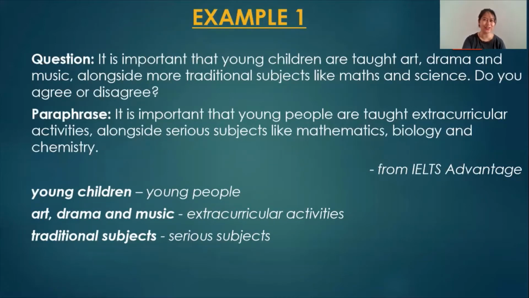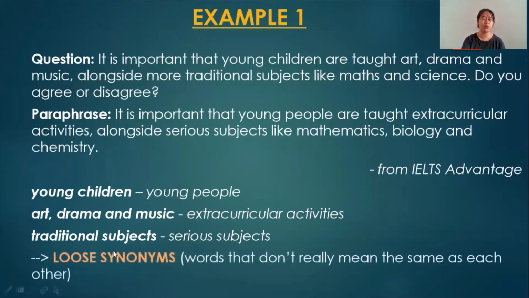Are these accurate synonyms? Well, these are actually what we call loose synonyms. What are loose synonyms? These are words that don't really mean the same as each other, but we think that they are the same.